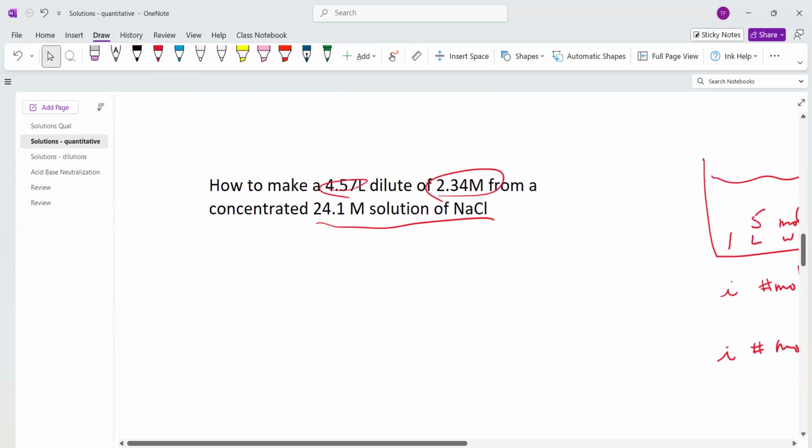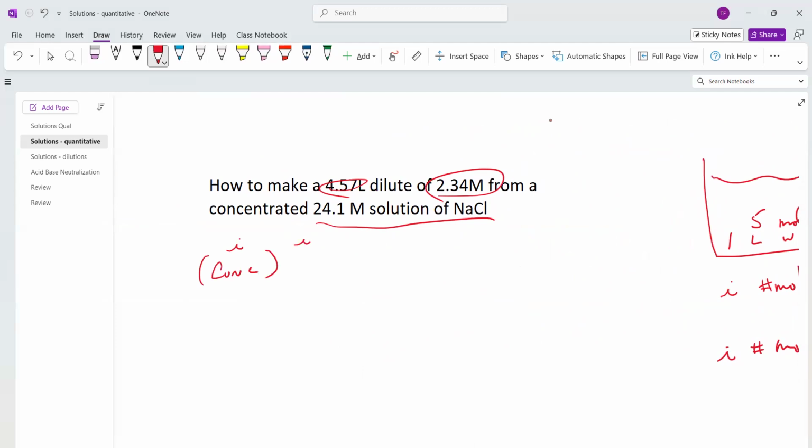So the equation then is... this will tell us how many liters of the concentrated we need to put in our final container. So in this case, this is final, initial.